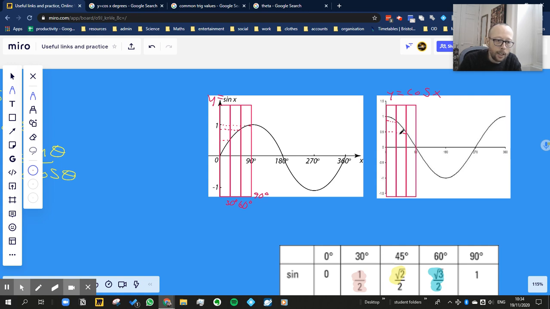We can see the halfway point, 0.5, is drawn on this point, so it looks like cos of 60 is equal to 0.5. Because cos takes a while to fall to the halfway point, whereas the opposite happens with the sine graph, which rises very quickly to start off with, it gets to its halfway point within the first third. So sine of 30 equals 0.5.